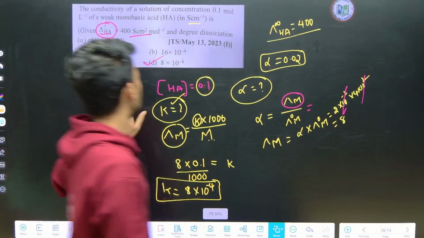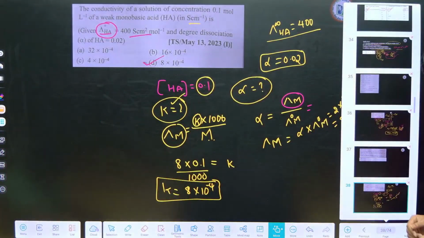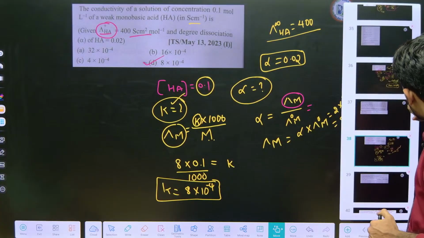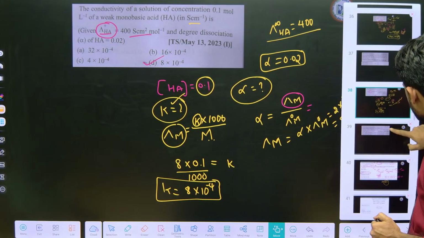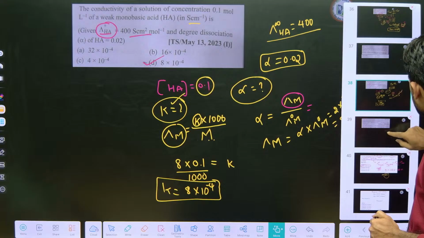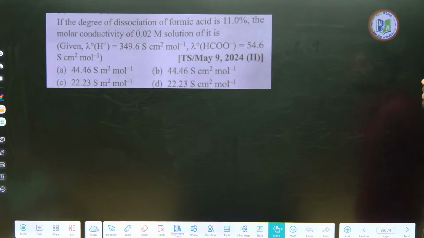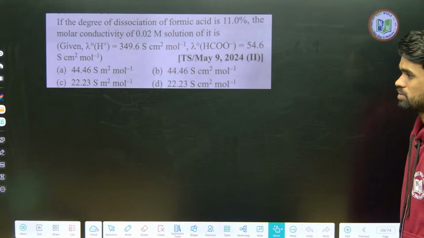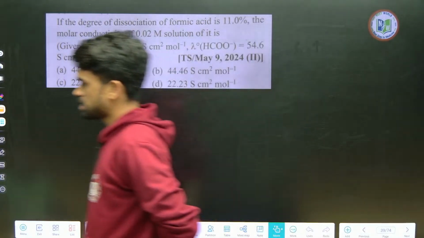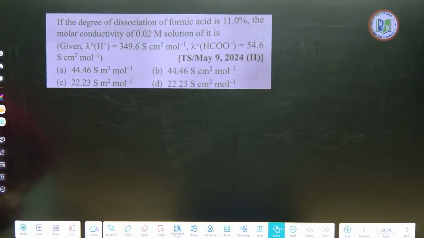Right. So the next question is on this one. Tell me, in the same manner, in the same way you can do this. Whatever steps you followed previously, follow here.